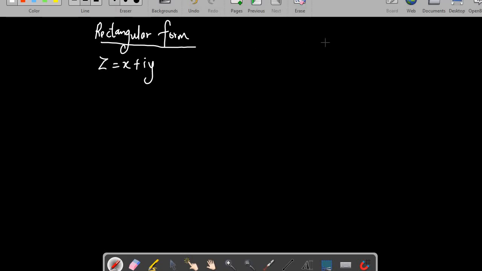Why is this referred to as rectangular? It is rectangular because this can be projected on your Cartesian plane this way. Don't forget your y-axis and your x-axis. If we project from the origin a complex number z, please don't mind, it's not drawn to scale.